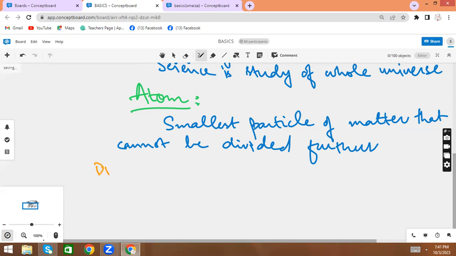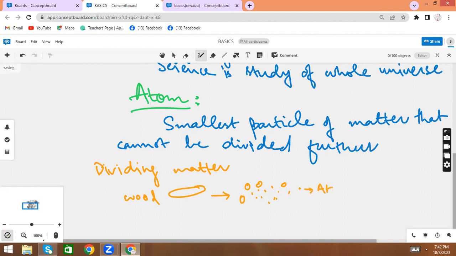we are dividing matter again and again. It's just like we have a big piece of wood and we are breaking it into smaller pieces, and the point is reached where that smallest particle cannot be divided any further.